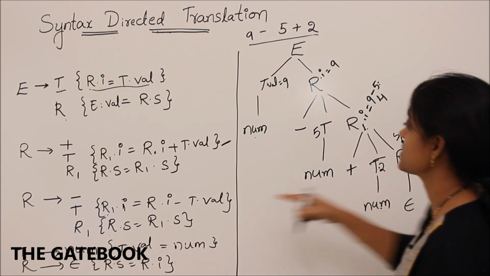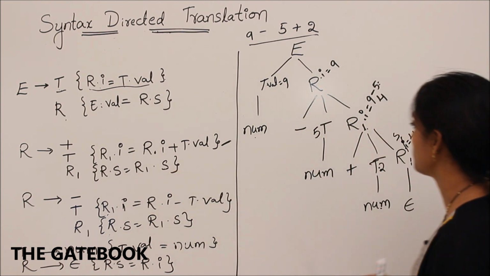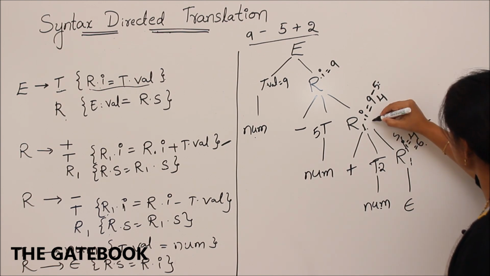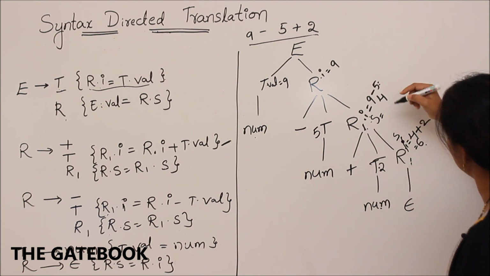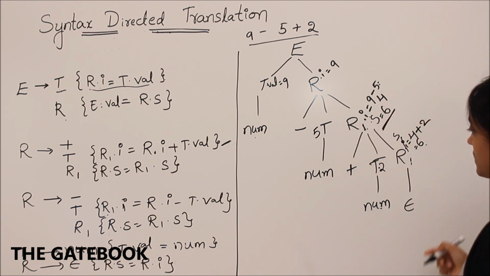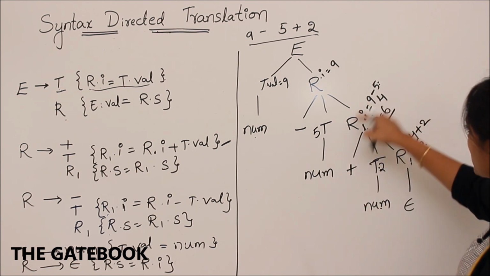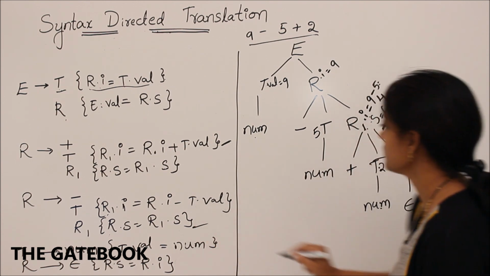So after this is done, we have one more rule to apply, that is for this R, their synthesized attribute is nothing but this inherited attribute. So we need to copy this 6 to this synthesized attribute, and then once we are done with this we have to apply this rule.